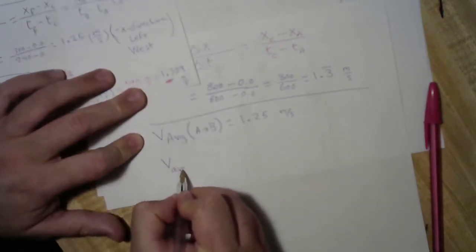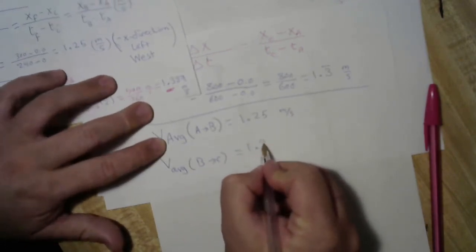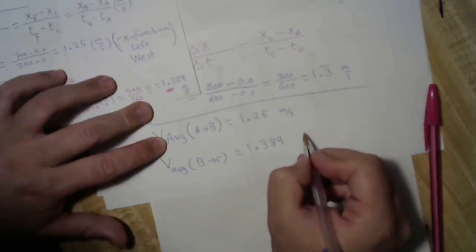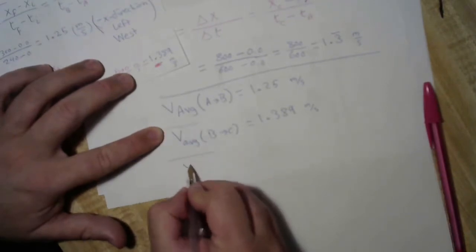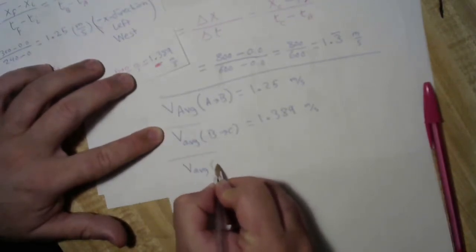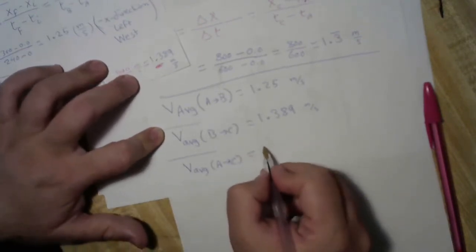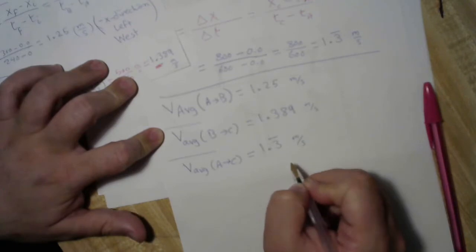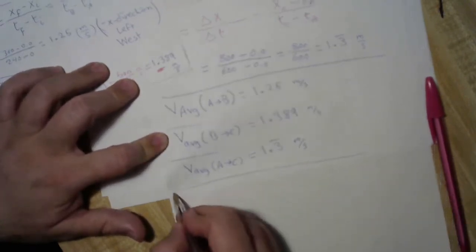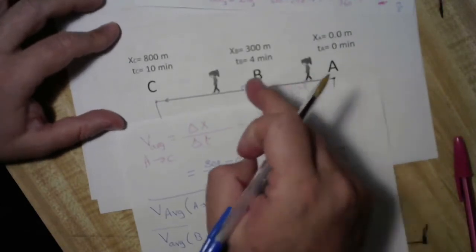V average from B to C is equal to 1.389 meters per second, and the V average, the final value from A to C, that depends on the first point and the final point, is 1.3 meters per second. Now we calculated the average value of the velocity for the girl, because it is velocity, because it is a vector from A to B to C.